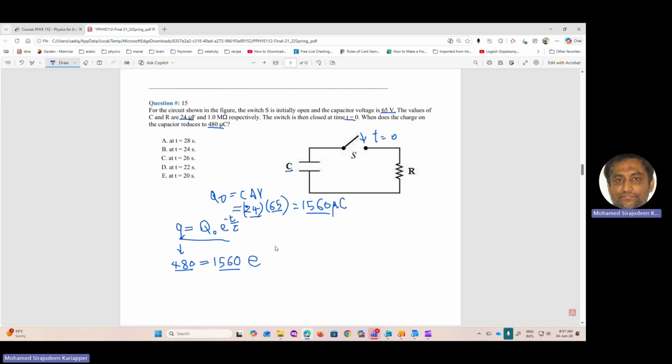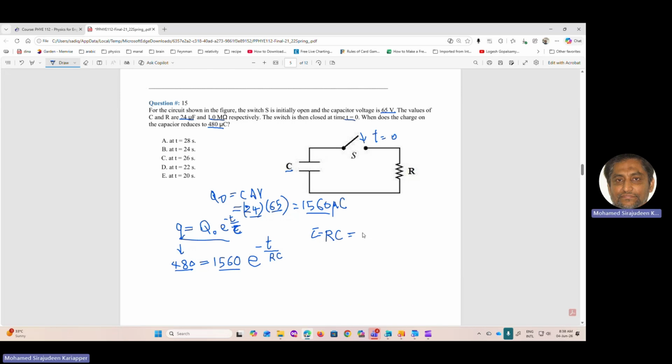E to the power minus t. The t is the unknown here. So we need to find at what time t the charge becomes 480 microcoulomb. Divide by the time constant. For an RC circuit, the time constant is R times C. The value of R is given as 1 mega ohm and the value of C is also given as 24 microfarad. So let me do this calculation separately to find the time constant.